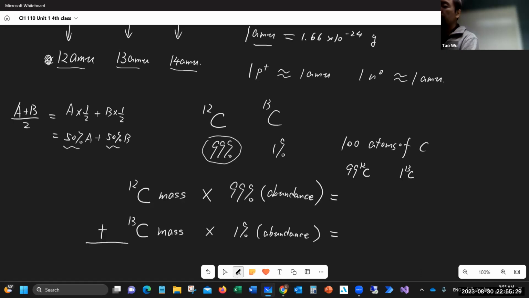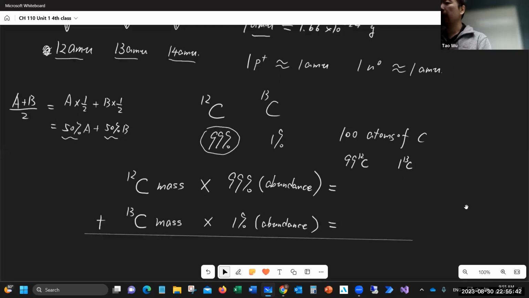Once you have the two values, you add them together, and the sum is called the average atomic mass.